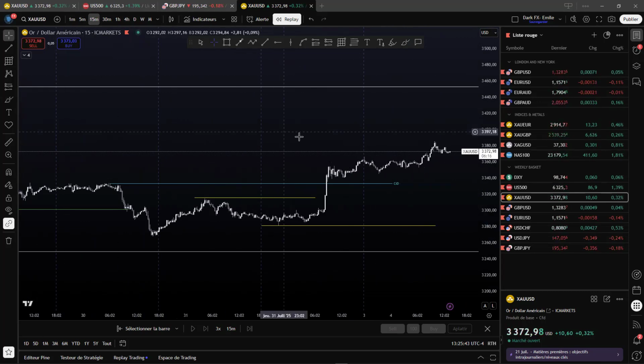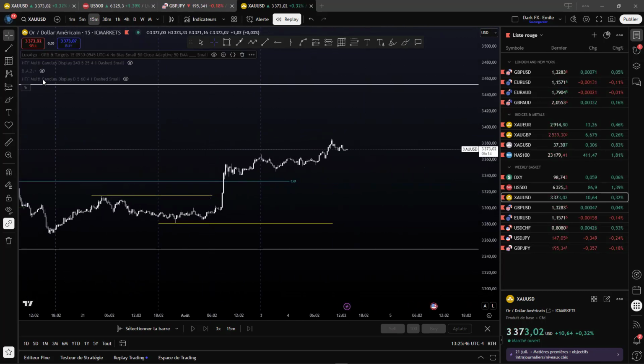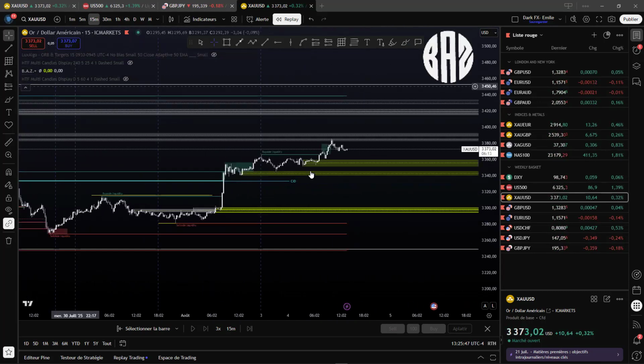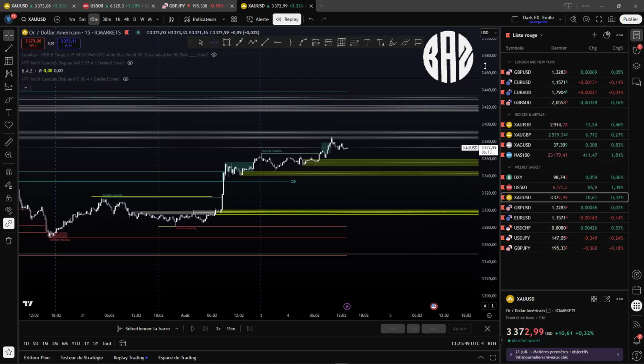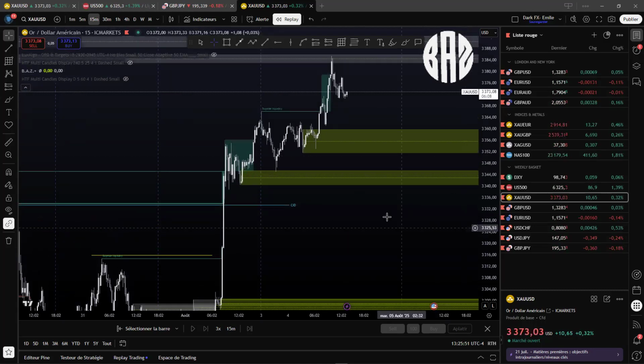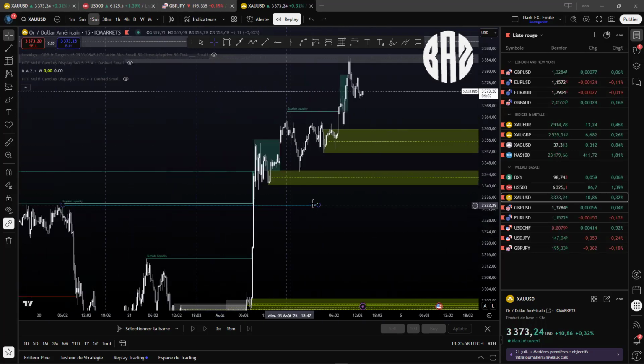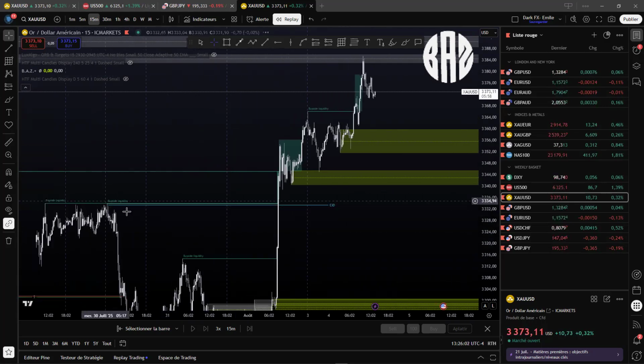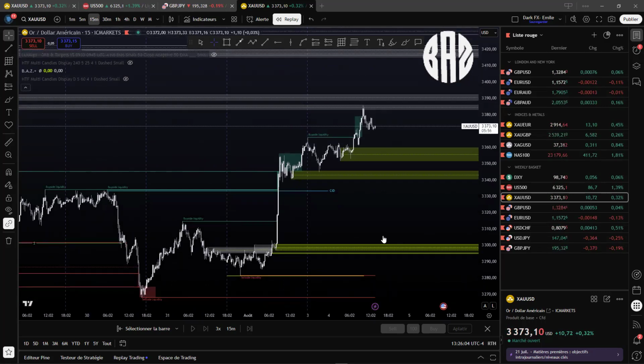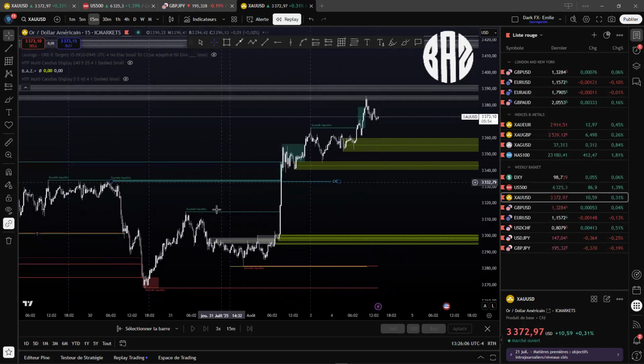And now we can activate our BAZ indicator. What I'm going to show you here is just how you could anticipate price with the BAZ indicator. We have the change in the state of delivery, or the change of direction, confirmed after breaking this level. You remember how we marked it when we were on the H4 time frame.